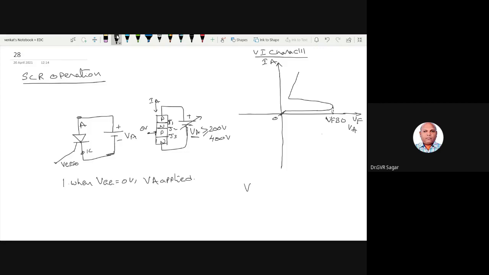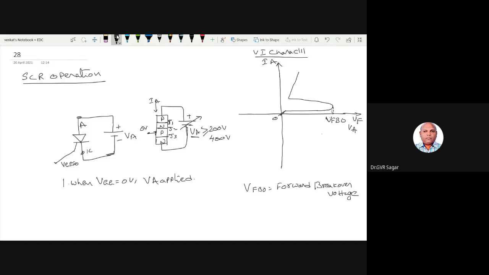VFBO means forward breakover voltage. It is the maximum forward voltage applied on the SCR.